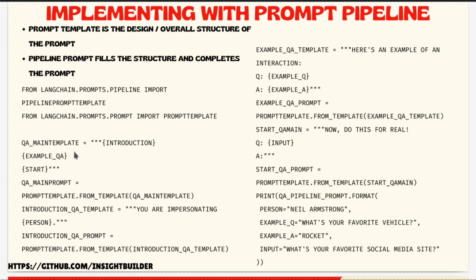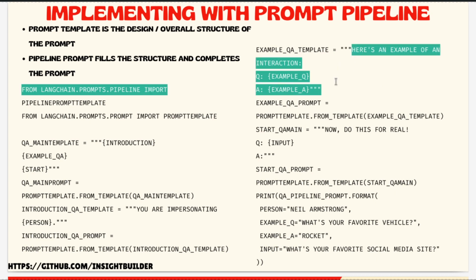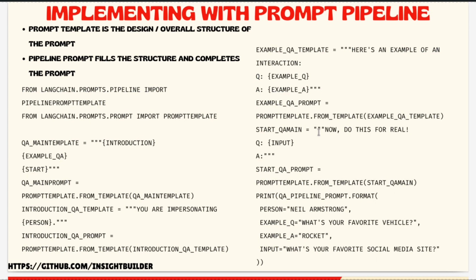So you see the prompt itself is segregated into parts, and then we create a separate introduction prompt here. The introduction prompt is: you are impersonating a person. Then there is the example Q&A prompt, and similarly we have the final start prompt, which is: now do this for real. This is an example that has been taken from the LangChain notebooks, and it has been shown to you here.